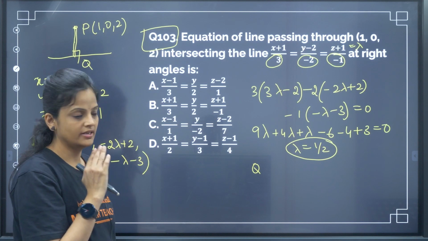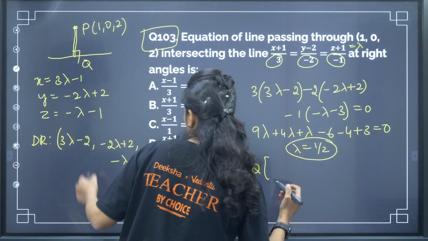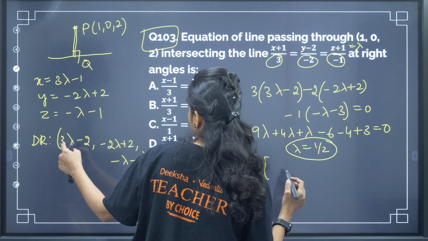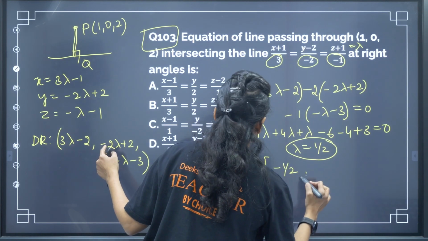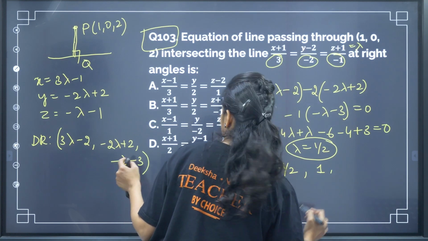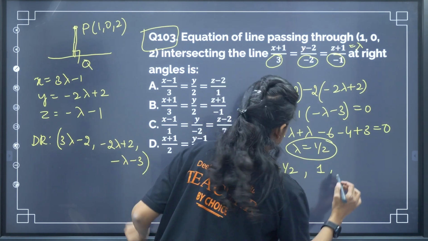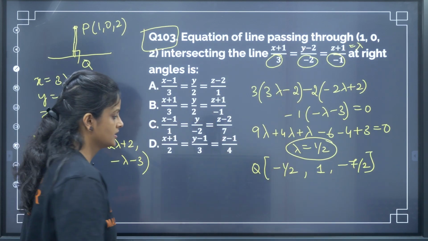The DRs also I will get. So what will I take here? 1 by 2. If I put 1 by 2 here, it will be minus 1 by 2, and 1 by 2 in this place, so minus 7 by 2. This is what I am going to get.